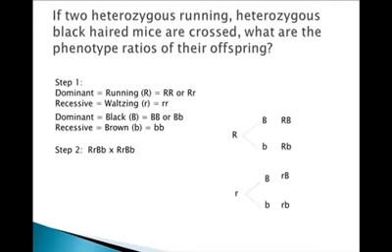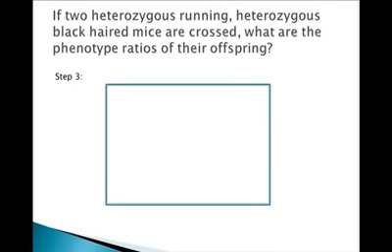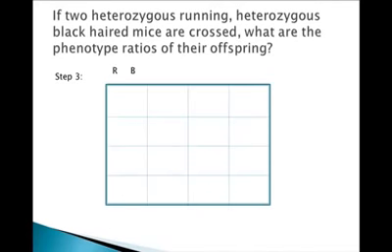Remember that we've got these 4 combinations on the right-hand side as possibilities. So when we set up the Punnett square, it's a much bigger one because there's 4 possibilities times 4 possibilities. So you actually have a 16 square Punnett square. So here's the first: big R, big B, big R, little b, little r, big B, little r, little b. And the same thing down the side.